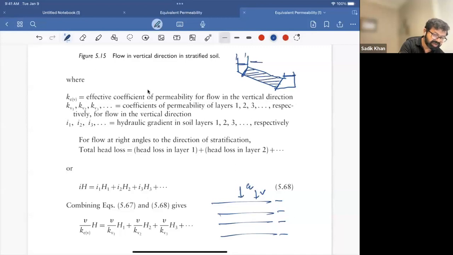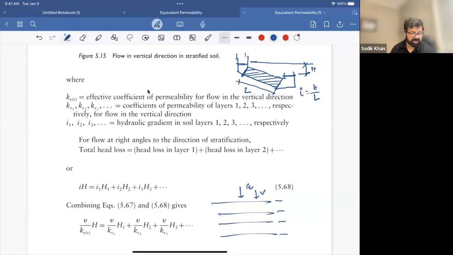Now we have a height difference H, and here we have a length L. So what is the definition of I? Hydraulic gradient equals H over L, right?